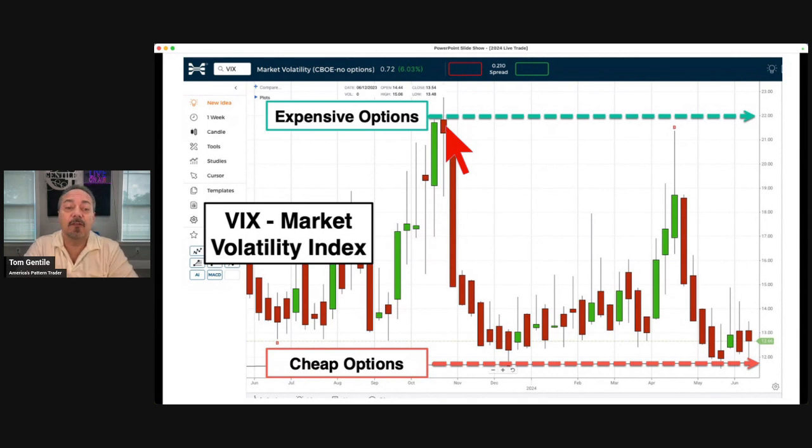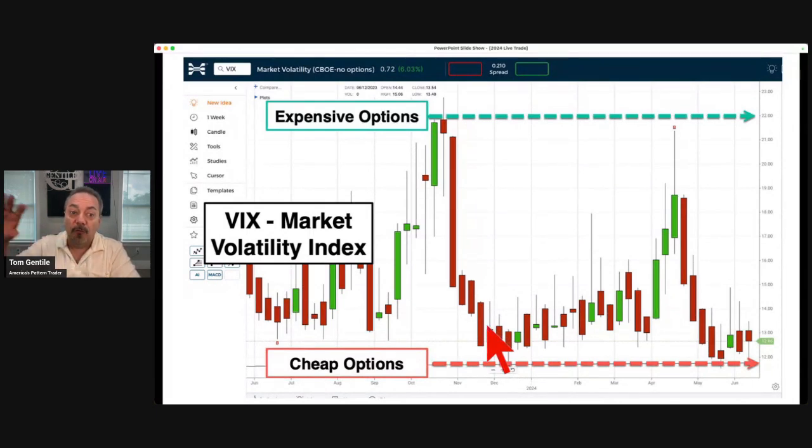Now, what is the VIX? The VIX is a market volatility index of the overall market, typically the S&P 500 options. And when you see it going up, it means option traders are getting more nervous, and the premiums on options are getting higher. When this thing goes down, it means that typically option traders are getting much less nervous. They're getting calm.